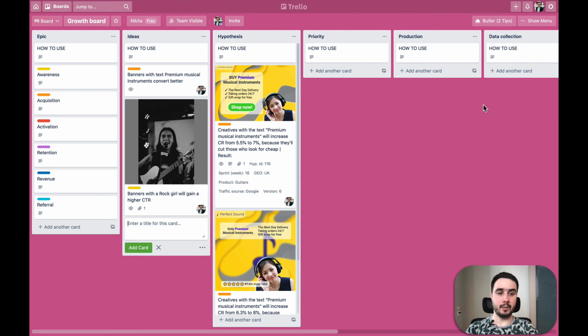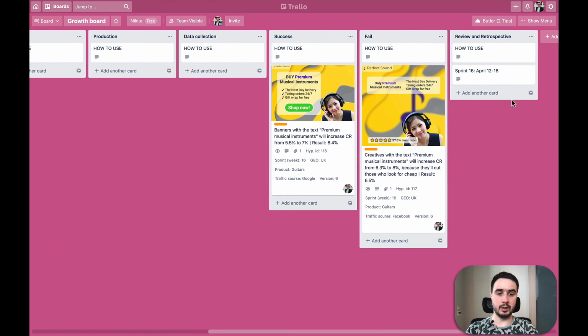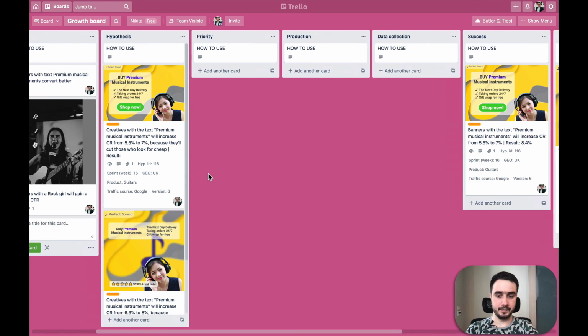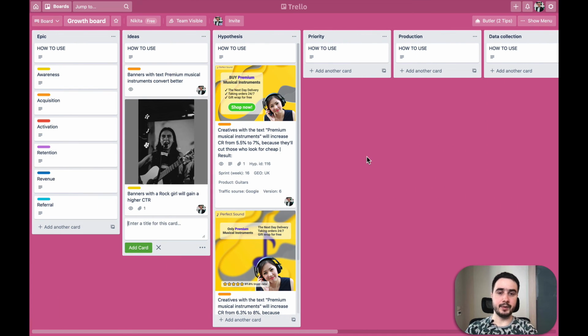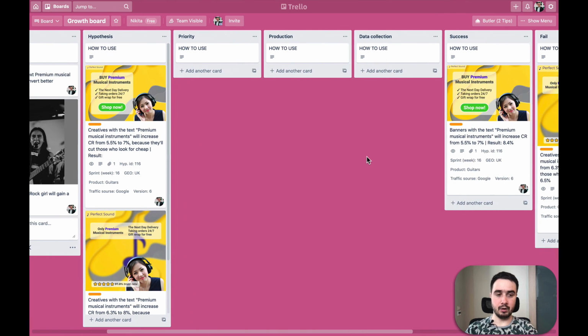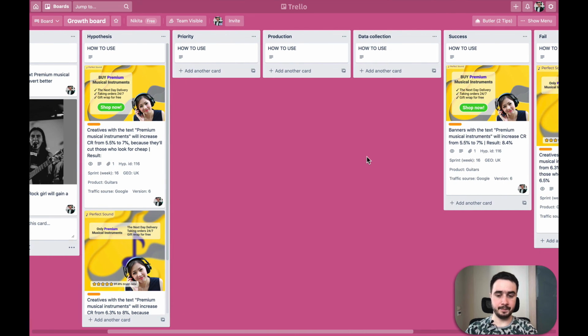And you test this hypothesis with some A/B testing tool like Google Optimize, or something like that. This is a very brief overview of the growth board and of the processes that lie behind it. But it's enough for you to test your banners, to test your creatives.